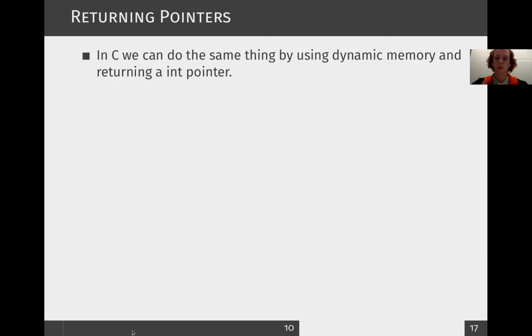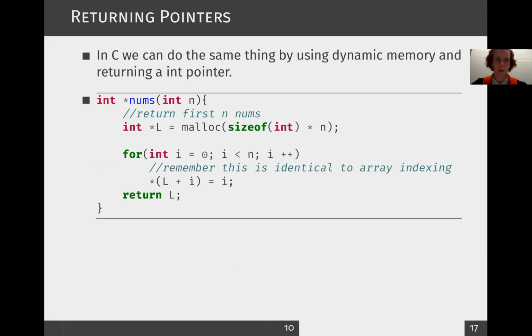So in C, we can do the same thing by using dynamic memory and returning an integer pointer. So we can do something like this. We're going to take n, the number of numbers that we want. We want the first n numbers. So then we're going to malloc enough space to a new pointer L for those n numbers.